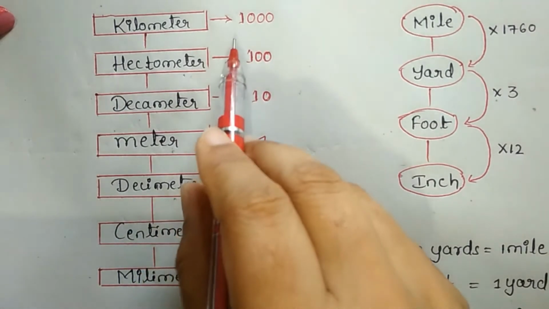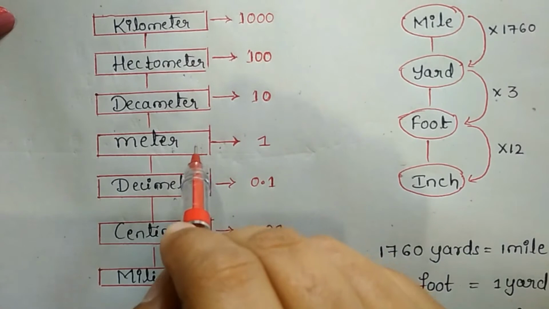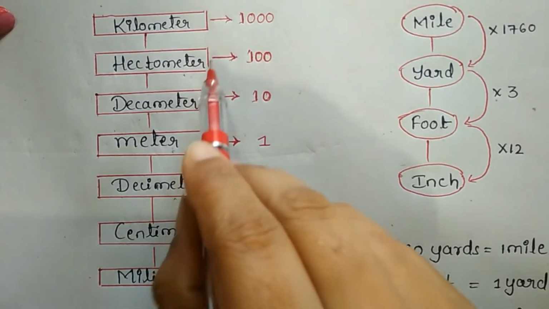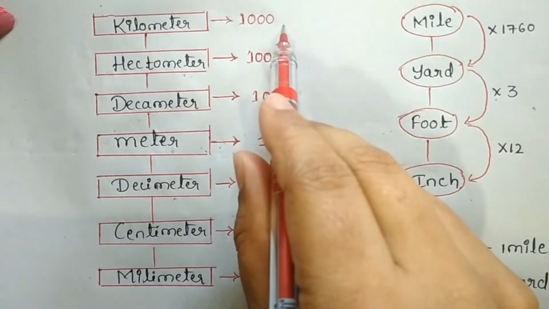And also you can know the relation between kilometer and meter. In 1 kilometer you can see there are 1000 meters.